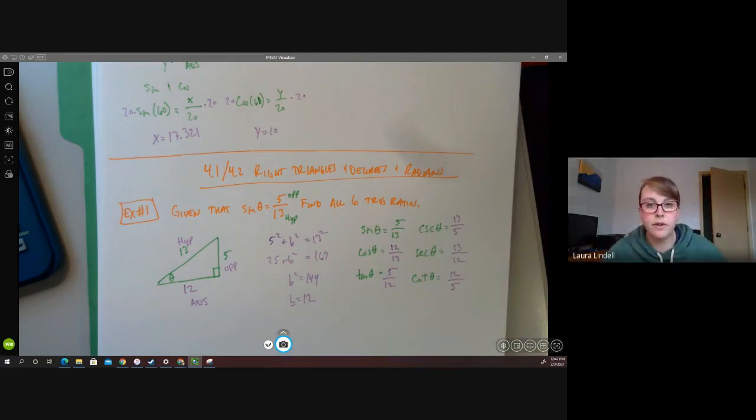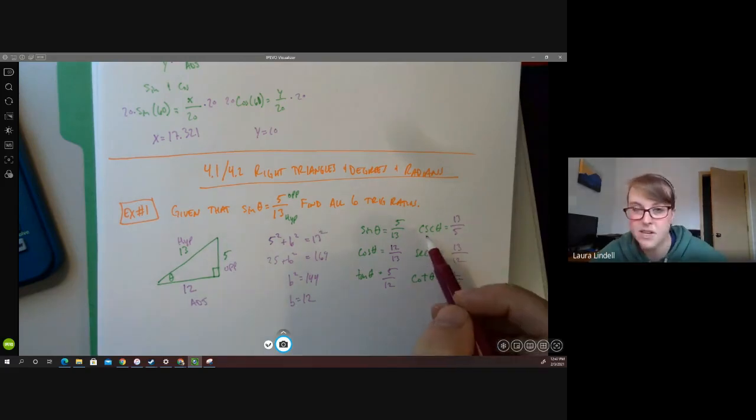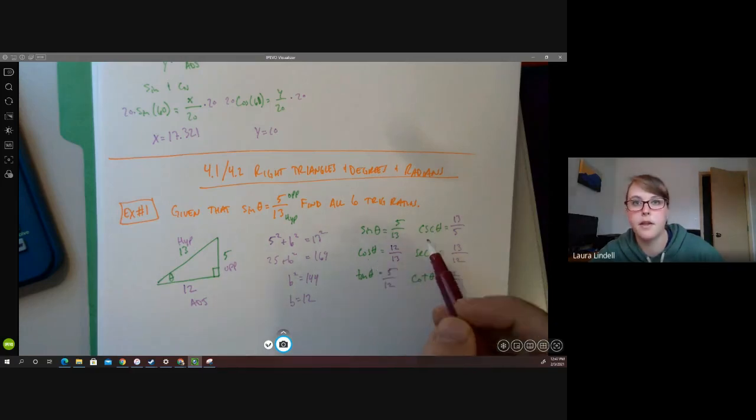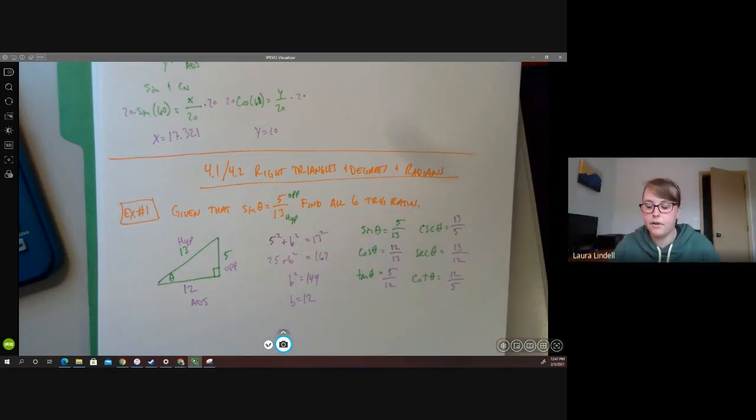All right, the only one that's usually kind of a little bit difficult to remember, or get mixed up with, is secant and cosecant, remembering that cosecant does not go with cosine. It goes with sine instead. So remembering that that's the case is usually the thing that trips people up a little bit.